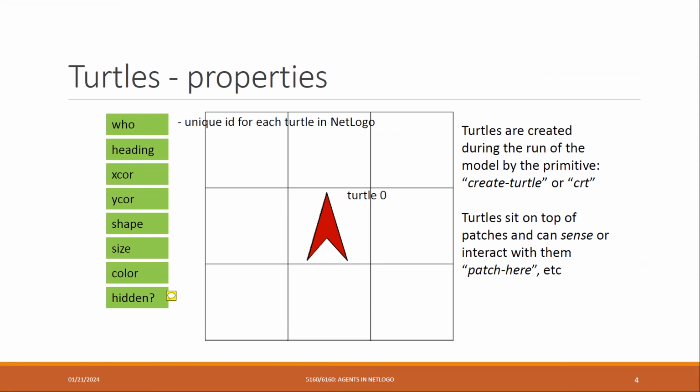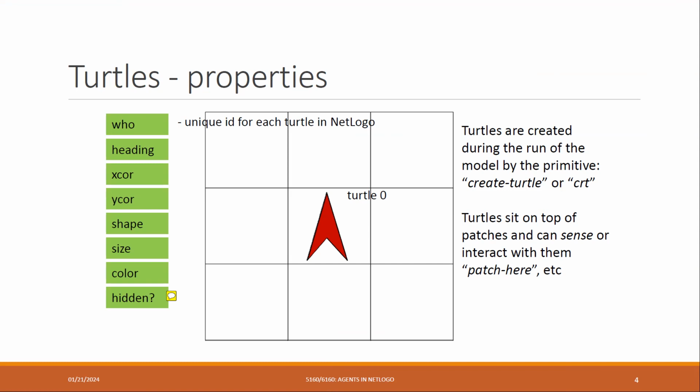The properties are the variables each turtle has to have: who, which is the ID of each turtle, and heading, which is the direction of their head, and coordinates, which are their locations, composed of course of X and Y, and then shape and size and color and hidden, or also the neighbors and so on.